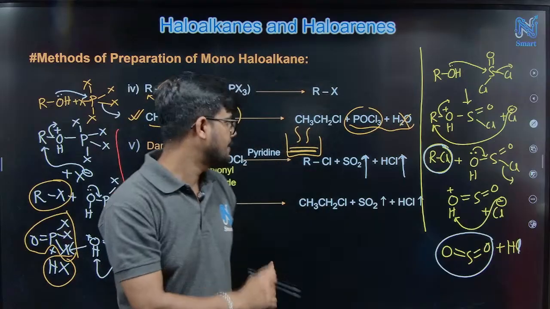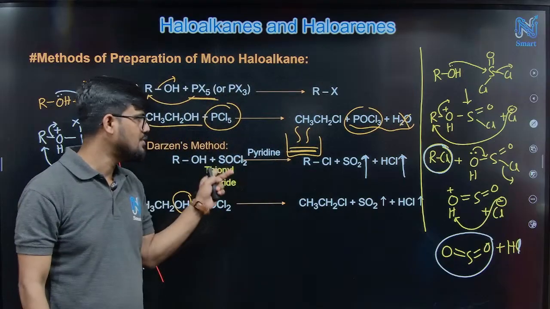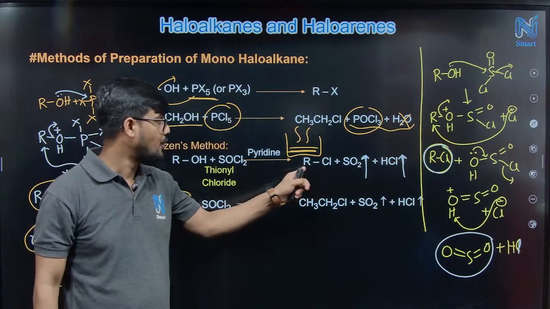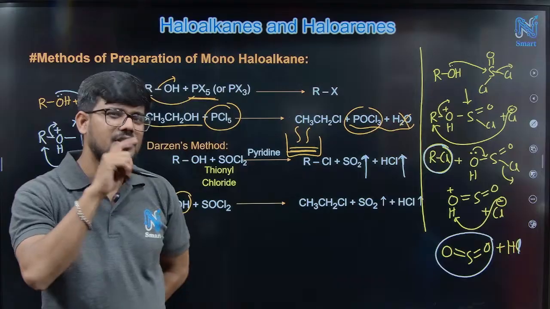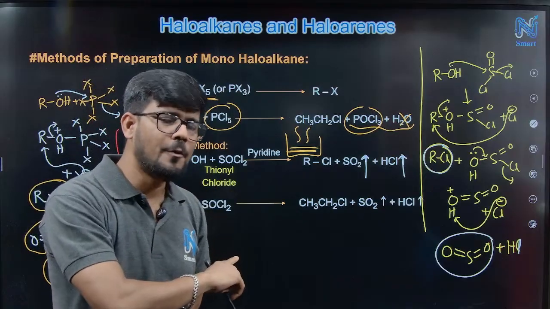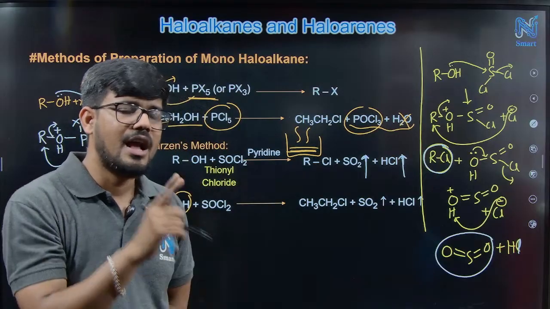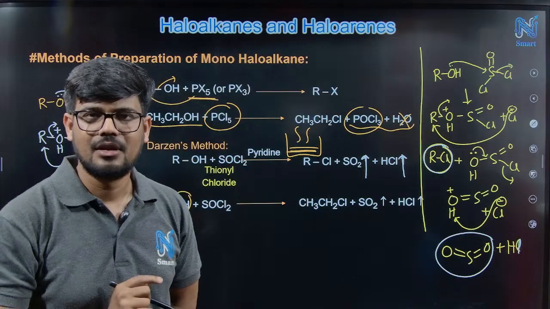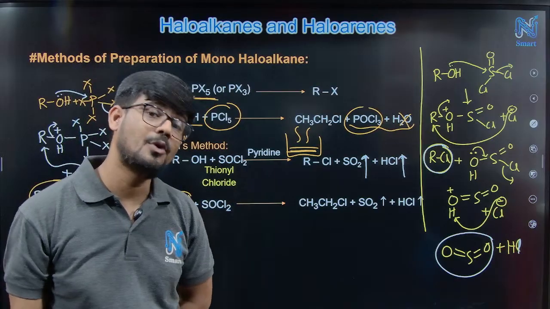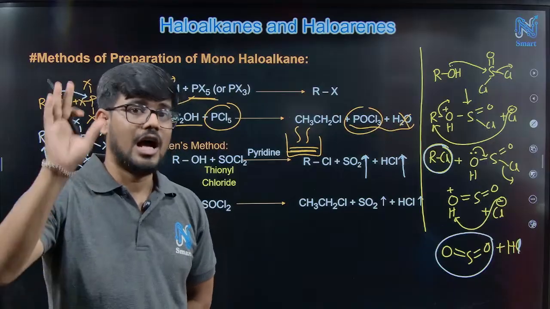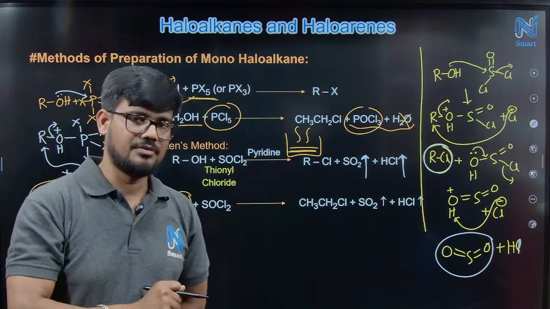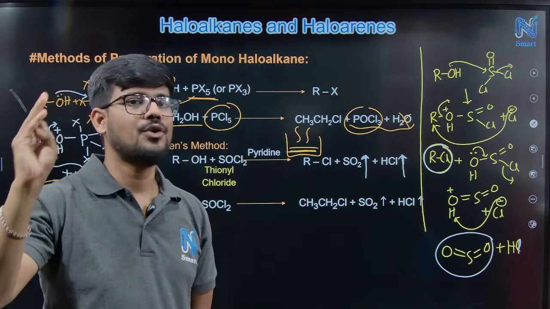Now the question is, using this process with SOCl2, we are getting RCl. Now you can ask me, sir, we are preparing alkyl chloride, then how will I prepare alkyl bromide and alkyl iodide, right? Our target is to prepare RX. X can be fluorine, chlorine, bromine, iodine.